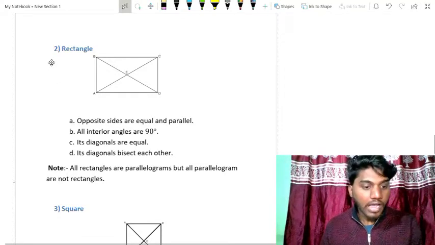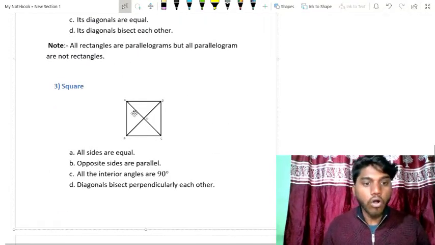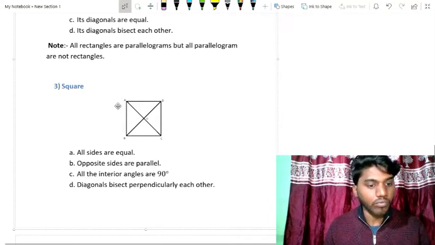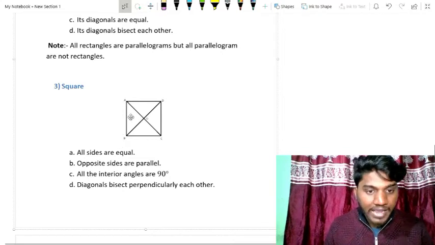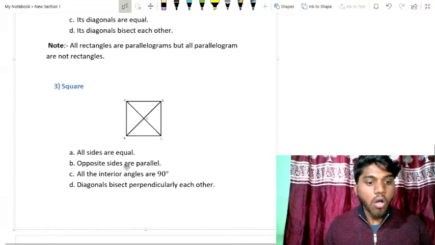Now come to the square properties. All sides are equal, which means AD, DC, BC and BA are all equal in length. Opposite sides are parallel, which means BC and AD are parallel, and BA and CD are parallel.